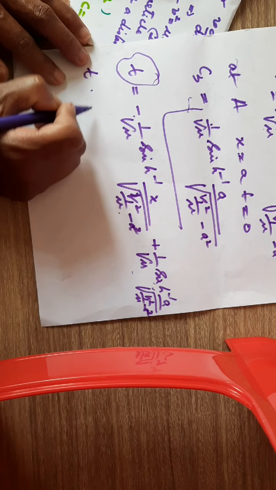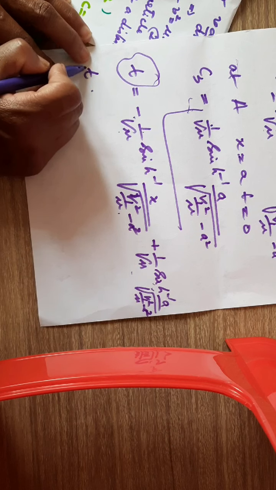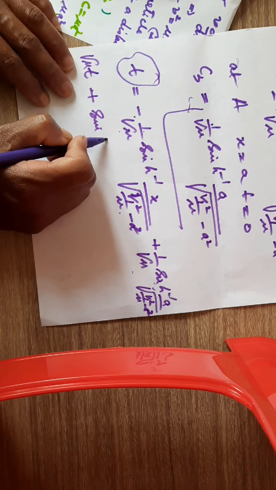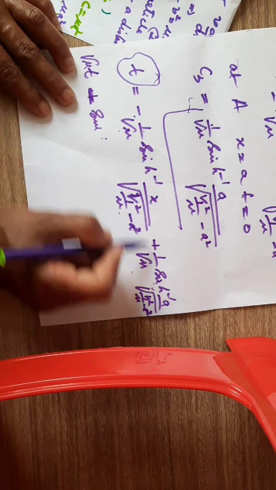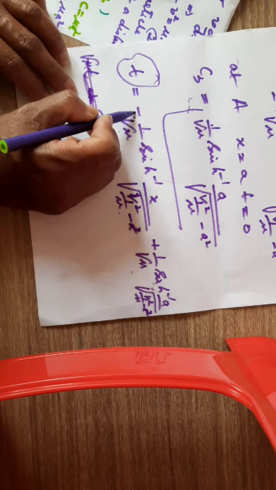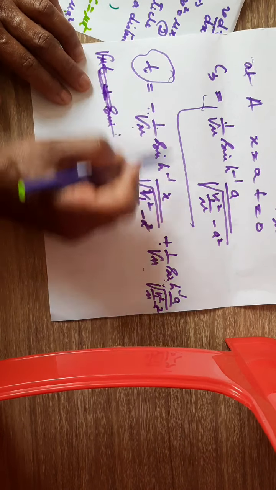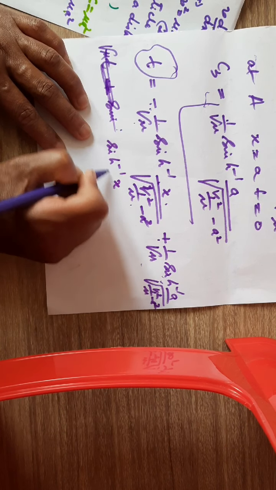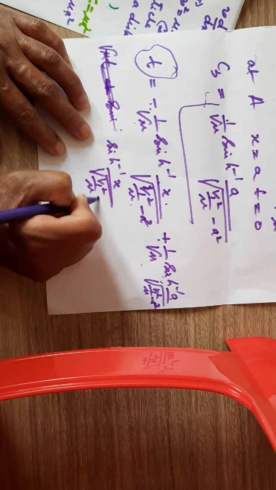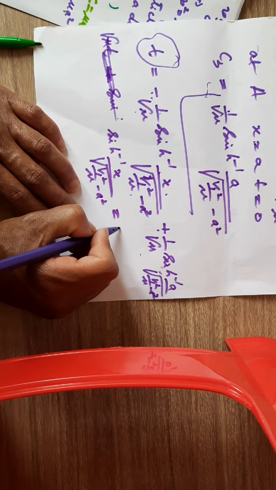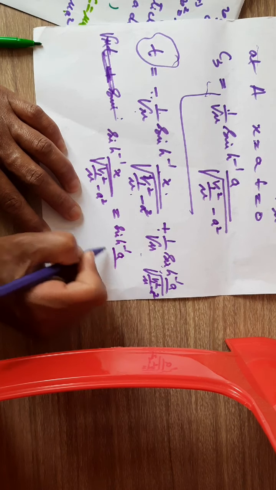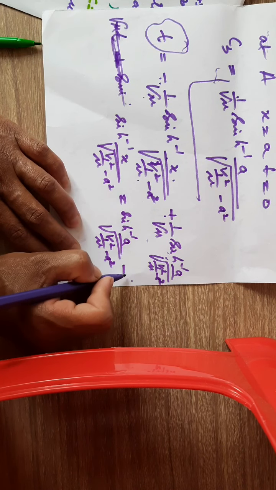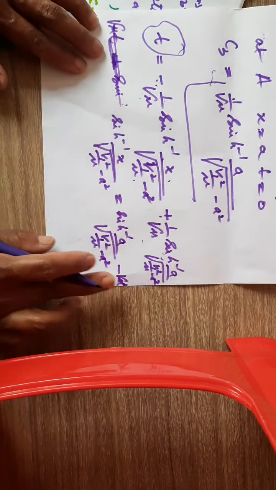So since 1 by root mu is common, it will be root mu t, then plus sine, sorry, this is minus, this is plus, so you can transfer this t to this side and bring this one to that side, then you'll get sine hyperbolic inverse of x by square root of v1 square by mu minus a square is equal to sine hyperbolic inverse of a by square root of v1 square by mu minus a square, then minus root mu into t.